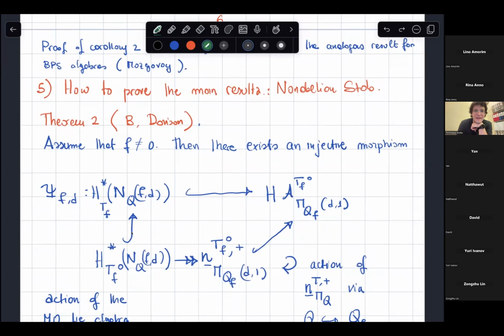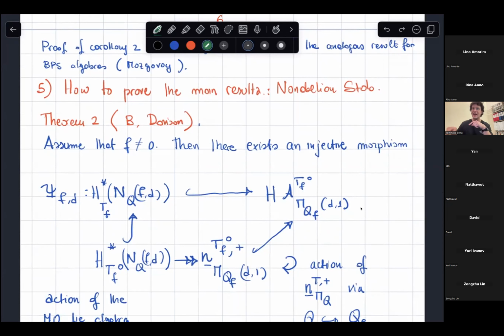And not only do we do that, we notice the following. Remember that in the second section, the one about conventions, I distinguished the torus TF and TF0. TF0 was a quotient of TF by a trivial one-dimensional subtorus, a subtorus acting trivially on the quiver variety but involved in the definition of the cohomological algebra, because the cohomological algebra is defined starting from the stack quotient of framed representations.